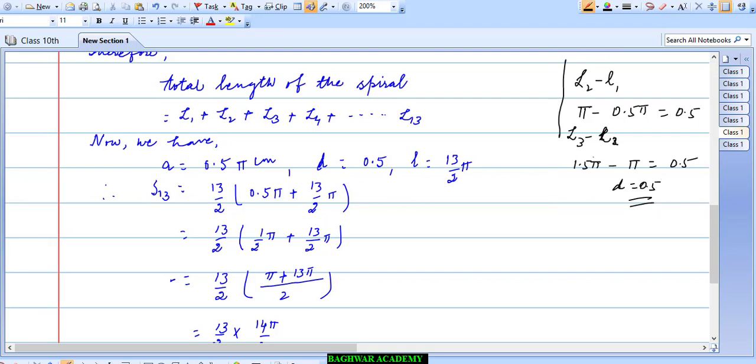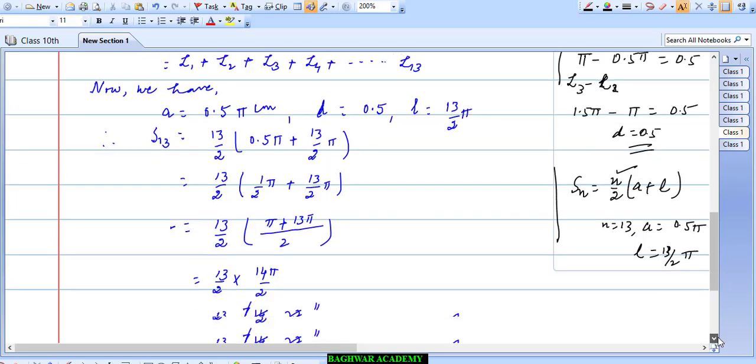We need to apply the simple formula: Sn is equal to n by 2 into A plus L. Here n is 13, A is 0.5 pi, and L is 13 by 2 pi. Just put that in the formula.